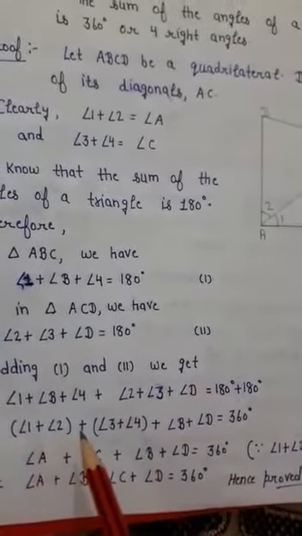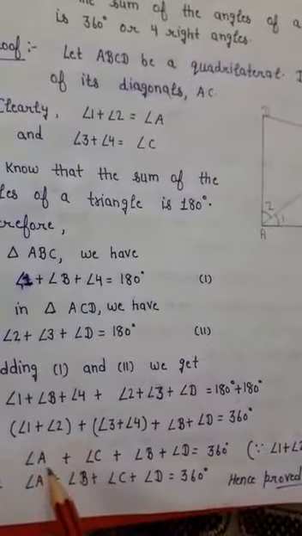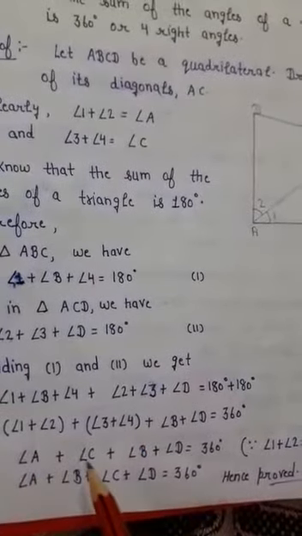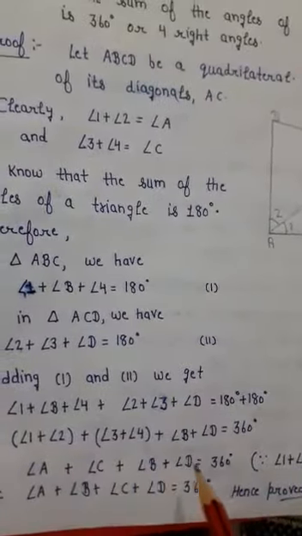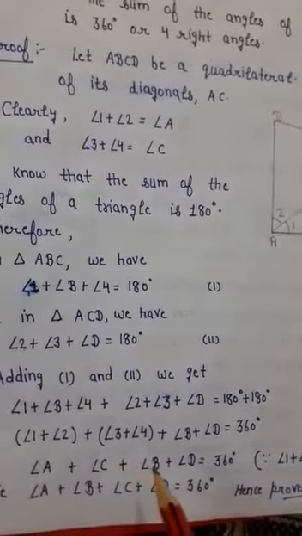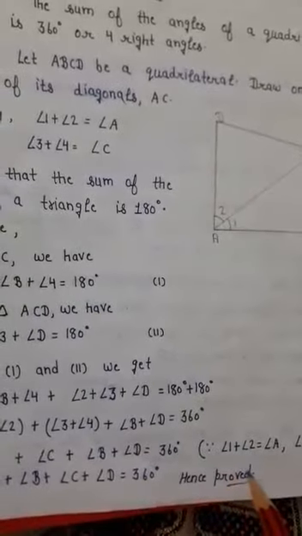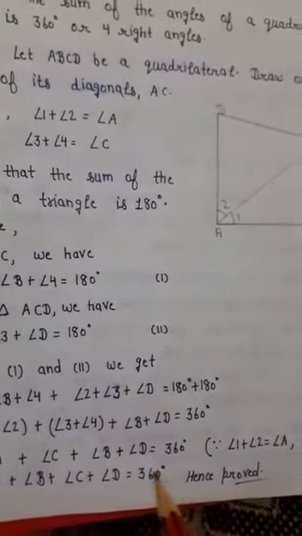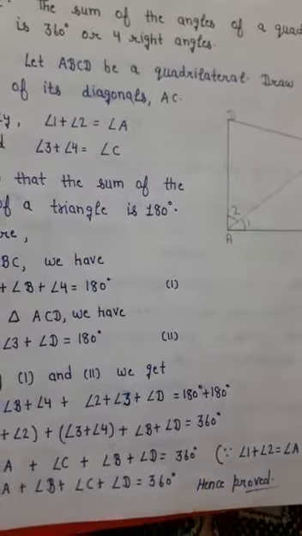Angle 1 plus 2 equals angle A, 3 plus 4 equals angle C, plus angle B plus angle D, that is, angle A plus angle B plus angle C plus angle D equals 360 degrees. We have to prove this one, and 360 degrees equals 4 right angles.